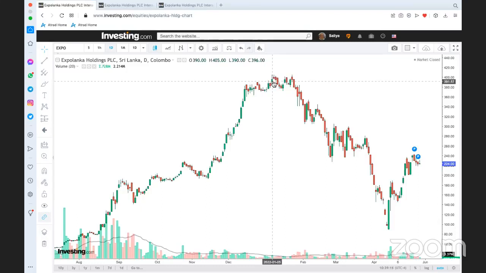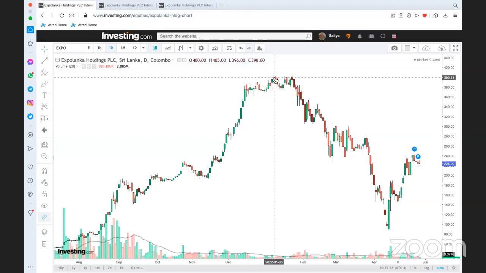So you have, as I mentioned, the green candle, where the open of this 5th of January green candle has been 390 and close at 396. As such, close is higher than the open, therefore it's a green candle.